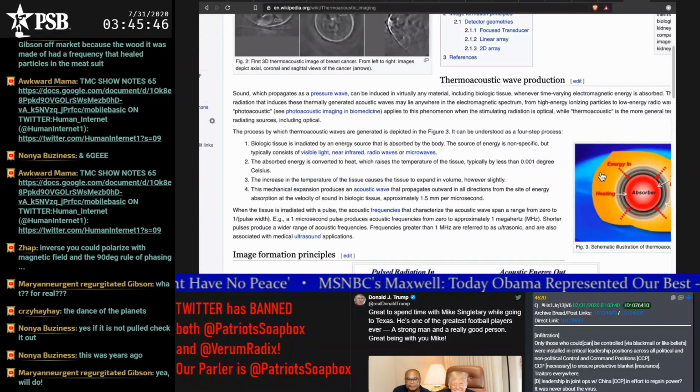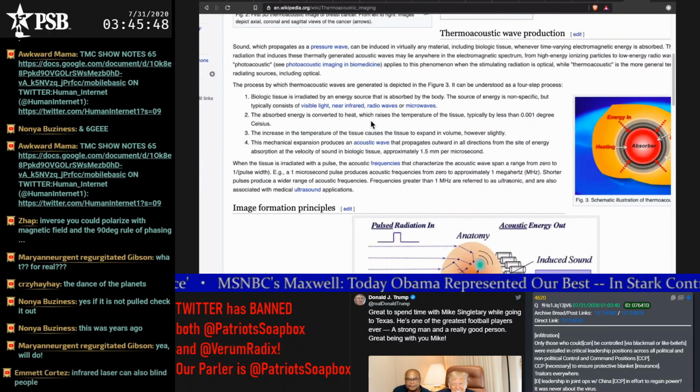So, the process by which thermoacoustic waves are generated. Biologic tissue is irradiated by an energy source. It's absorbed by the body.